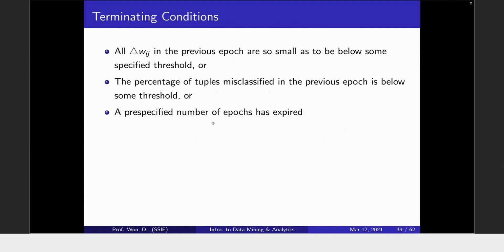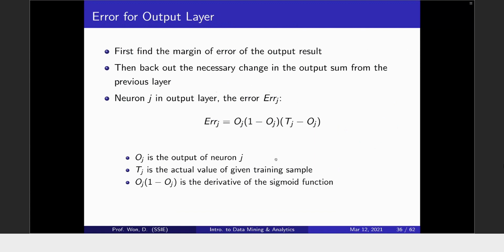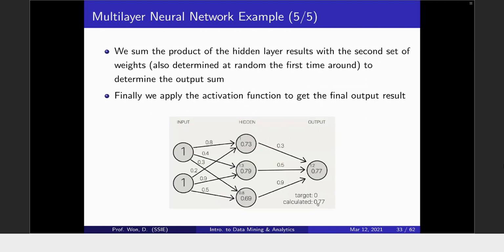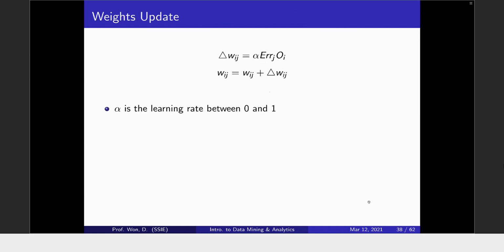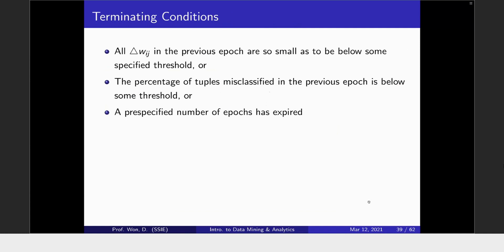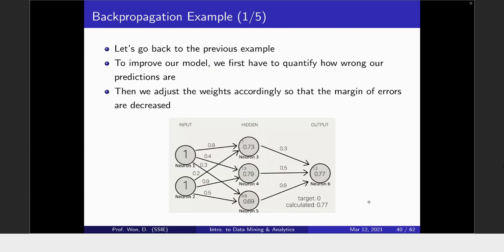No matter how you change your weight values, the final quality, for example the gap in here of 0.77, next time is, for example, 0.7666999, something like that, with no more changes. Then we also stop. The third one is just running some number of iterations. I only run 100 times. That's all, okay? Three kinds of conditions, okay?